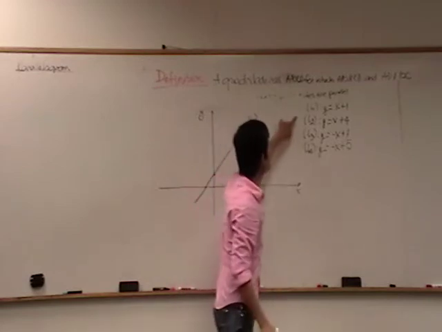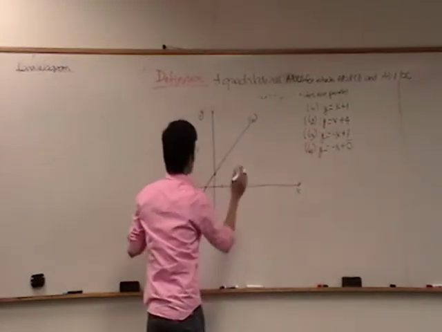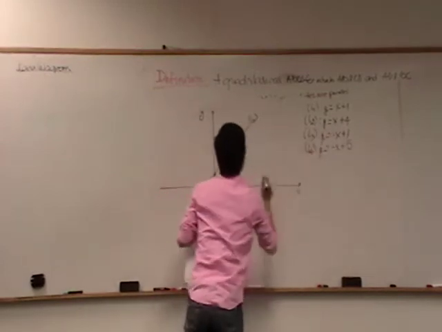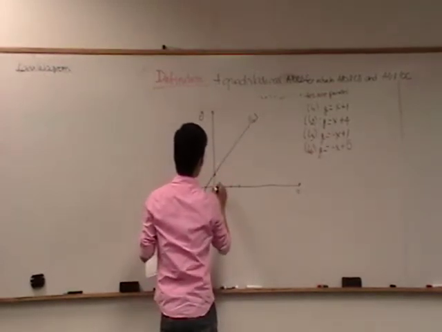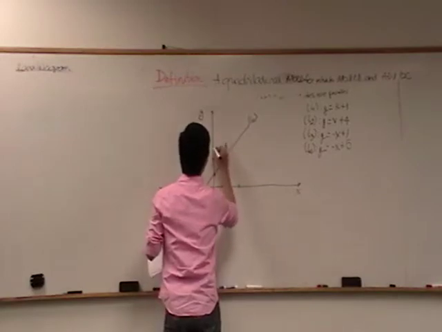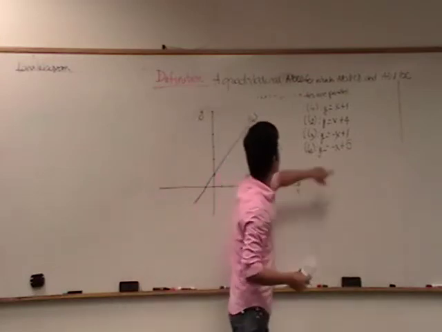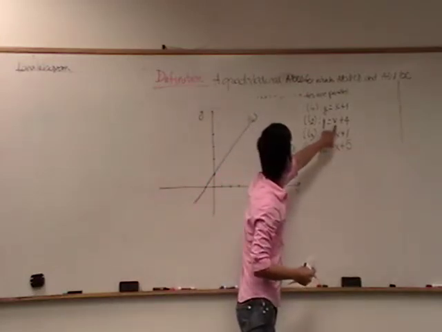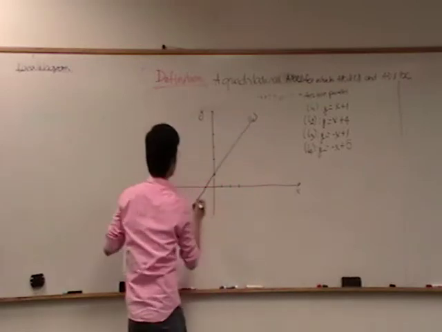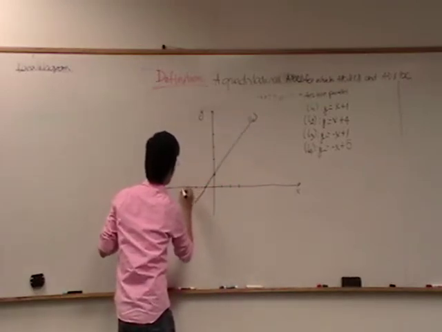And for line number 2, similarly, x equals 0, y equals 4, and y equals 0, x equals minus 4.